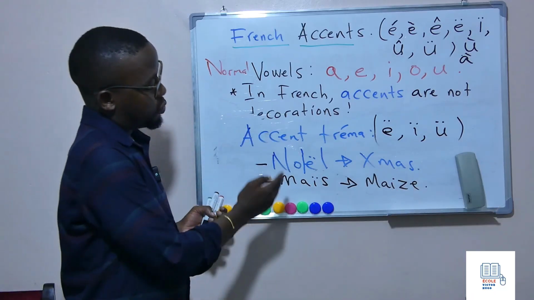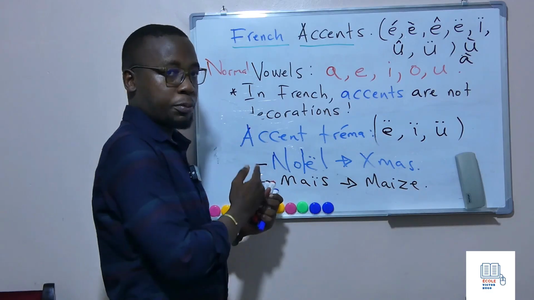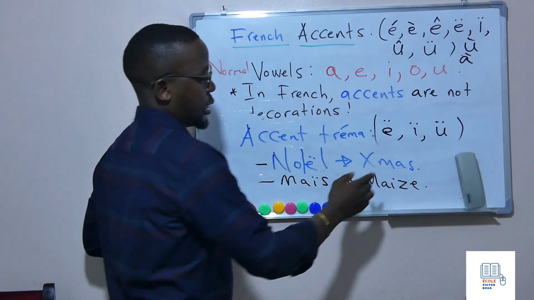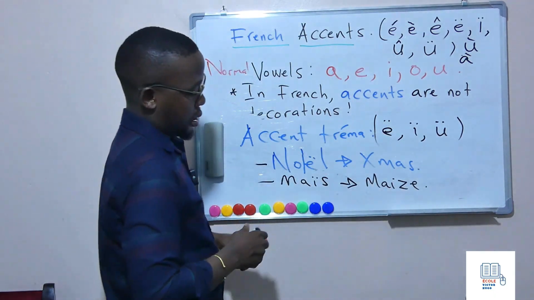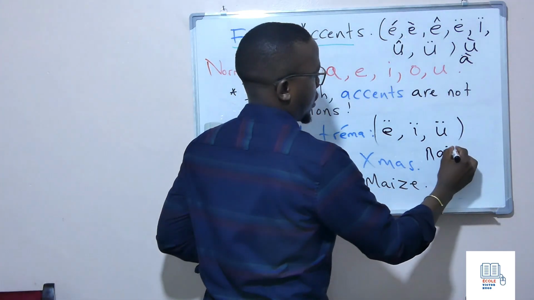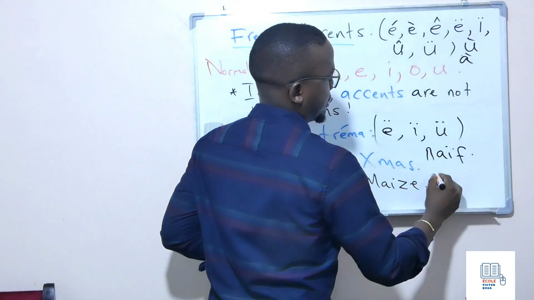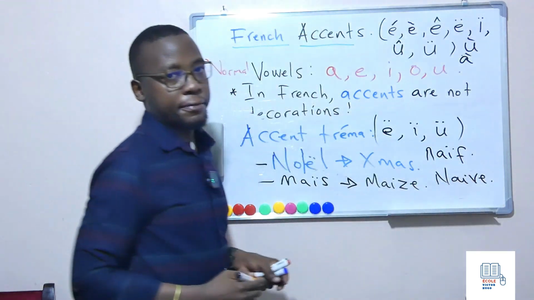So with these accents, they help to really give a distinction between syllables. And then another example I can give here can be the word naïf, which means naive, someone who is naive.